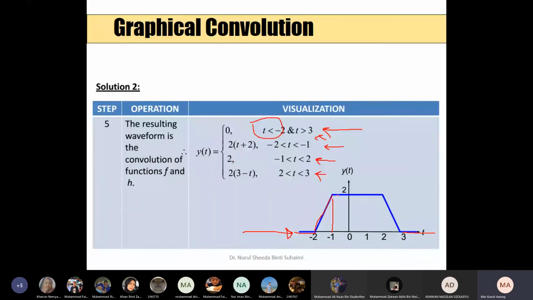Then it's a constant 2 from minus 1 to 2. Then 2 times 3 minus t for t between 2 and 3. So you get this. This is the convolution of those two signals. Any question?